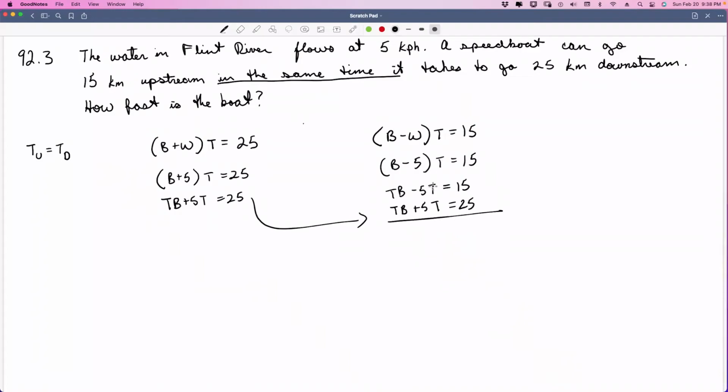So I draw my line. These cancel. So I have 2 times the time times the boat is equal to 25 plus 15, which is going to be 40.